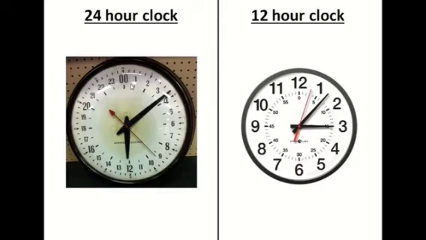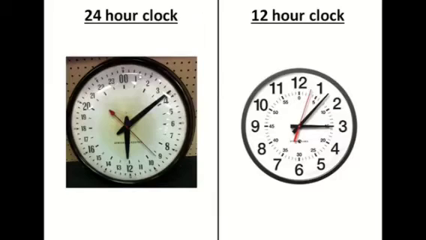In 24-hour clock, from 00 hour to 12 noon, it is the first part. And from 12 hour in the noon to 00 hour in the midnight is the second part.